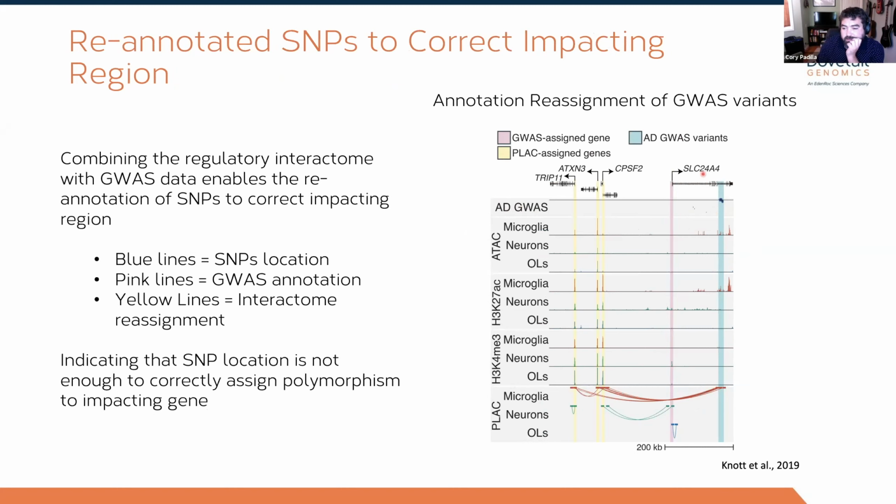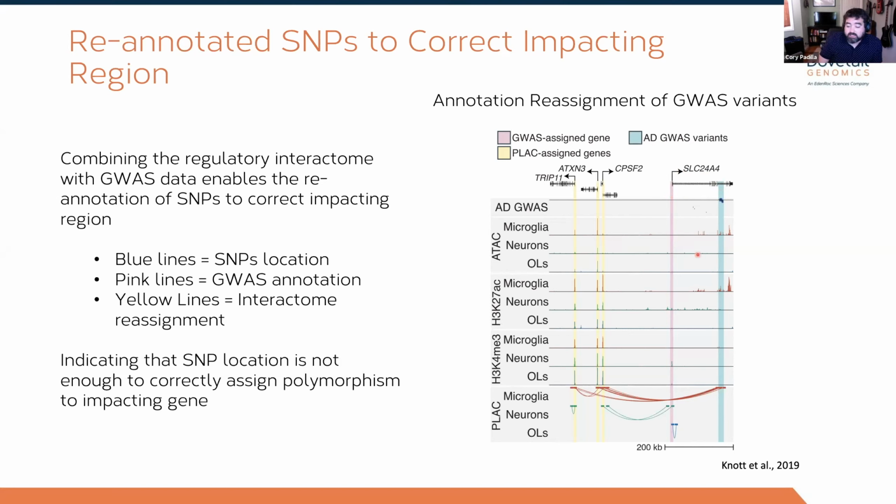In this blue bar here, we're seeing the SNP that has been identified through GWAS studies as being associated with Alzheimer's disease. And what GWAS has done is assign this SNP to this promoter of SLC. This is the nearest neighbor approach: here's my SNP, here's the promoter that's the closest, so these two things are linked to each other.